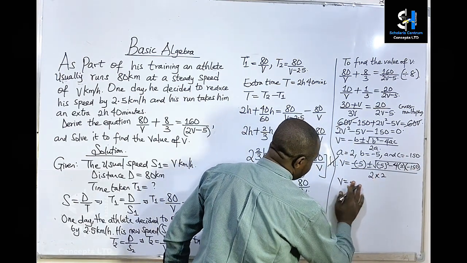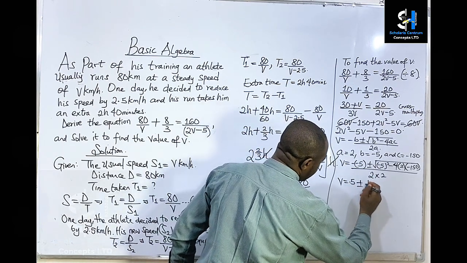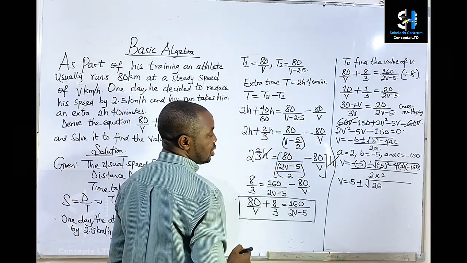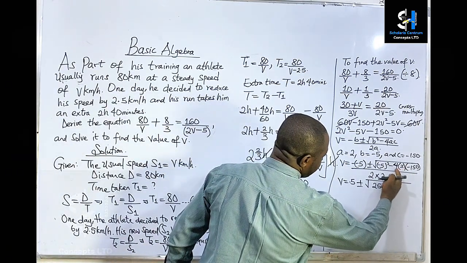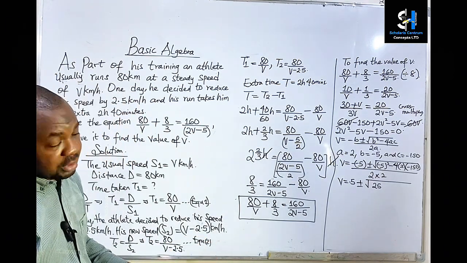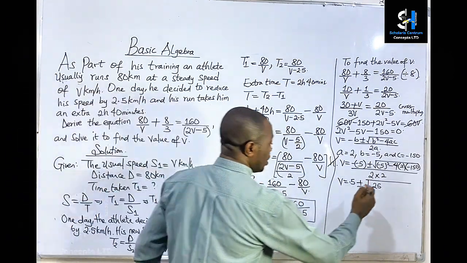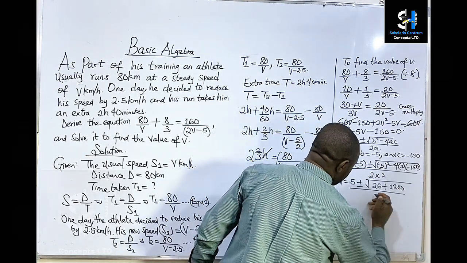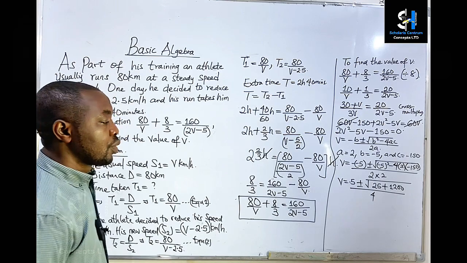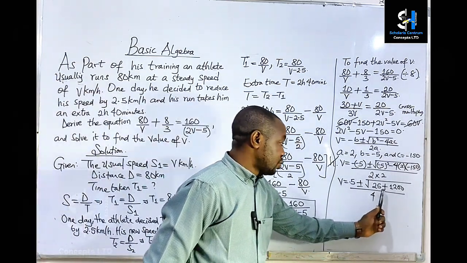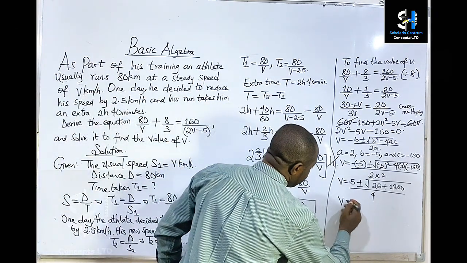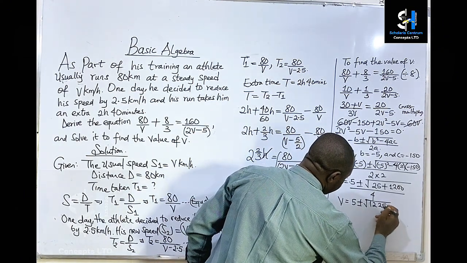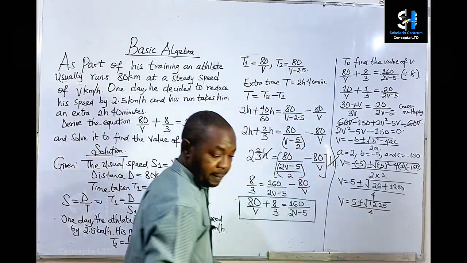So we have V to be equals to 5 plus or minus the square root of, so 5 squared will be 25. So this is 150 times 4, that's 600, okay? 600 times 2, that will be 1,200, all over 4. 1,200 plus 25. So this will be V equals to 5 plus or minus 1225 divided by 4.